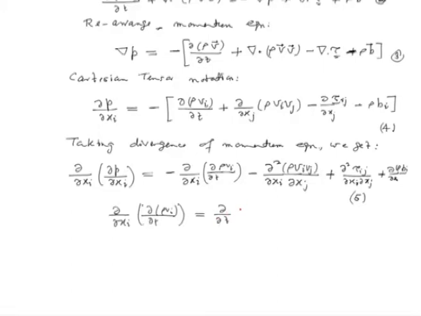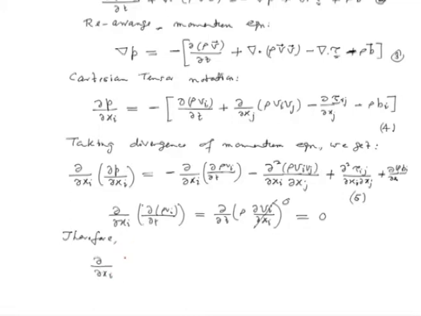Rho is a constant, so we can take it out: rho del V i over del x i. Del V i over del x i is the divergence of the velocity field, which is 0 for incompressible flow. So, this term evaluates to 0. Therefore, what do we get?